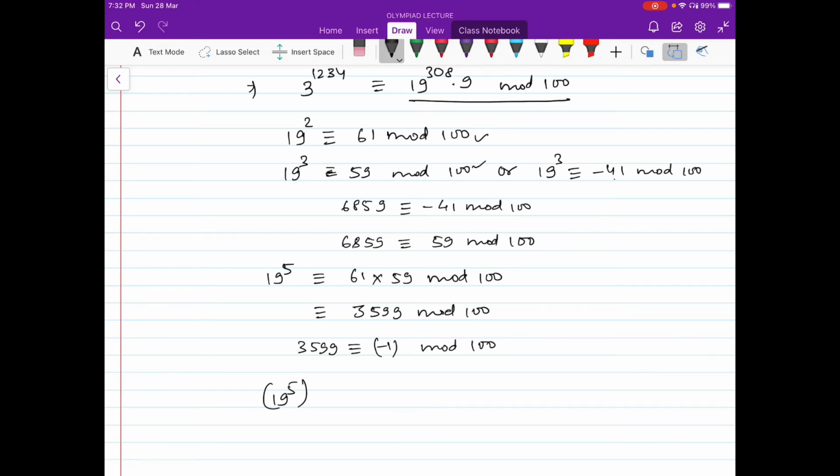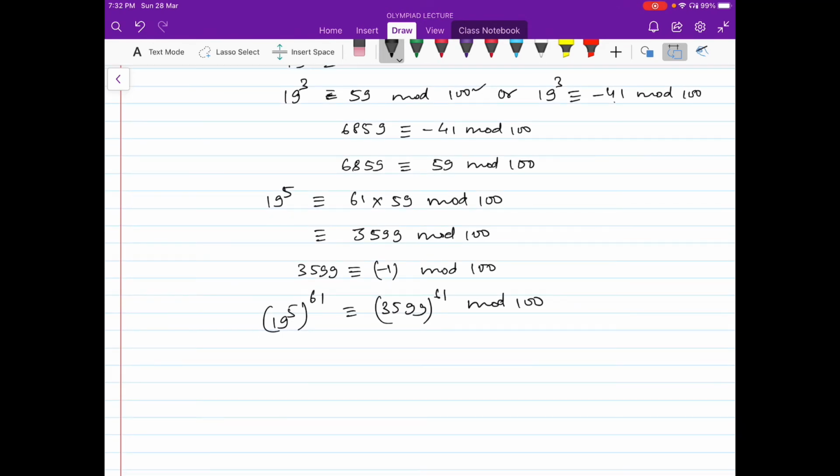So we will raise to 61, that will give you 19 to the power 305, right? And that is equivalent to 3599 whole to the power 61 mod 100, which is the same as minus 1 whole to the power 61 mod 100.